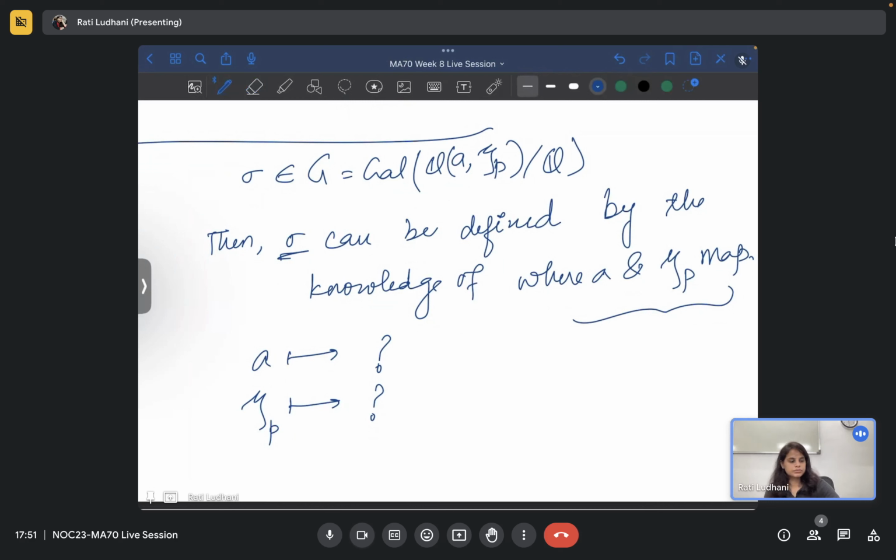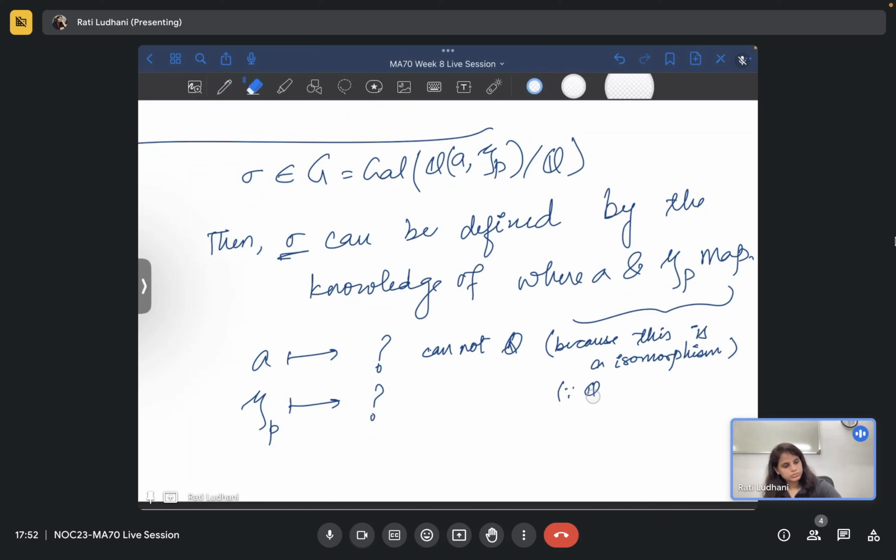Because this is an isomorphism, and since sigma fixes Q, every element of Q is already mapped, because elements of Q map to themselves, so we cannot have that option for an isomorphism.